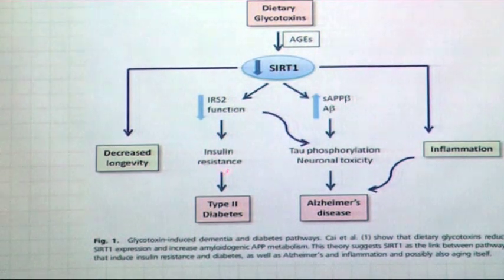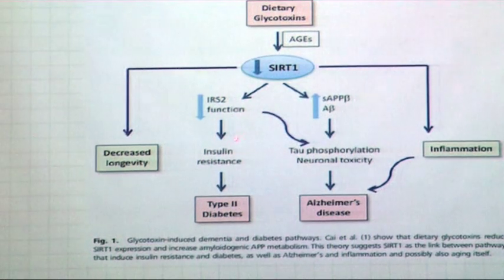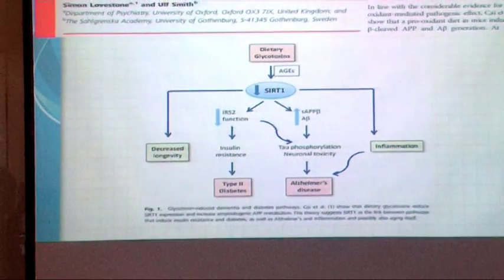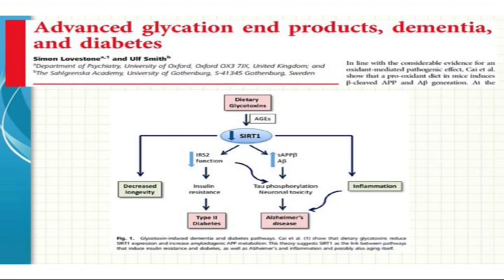You have a brain-specific insulin resistance, which is always associated with type 2 diabetes. So Alzheimer's disease and type 2 diabetes are closely connected.